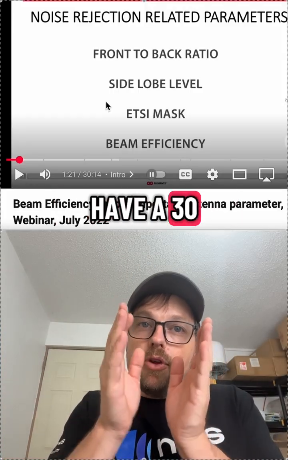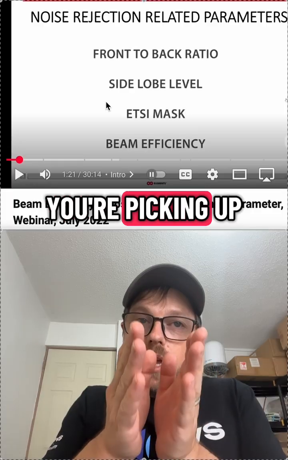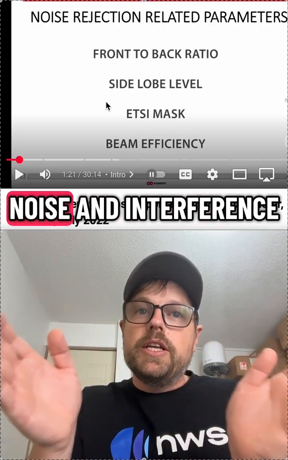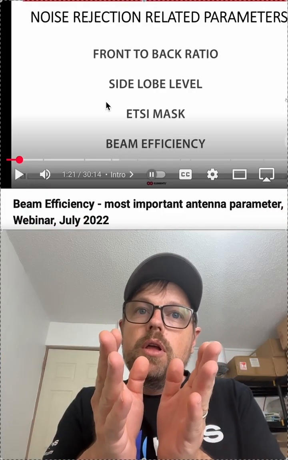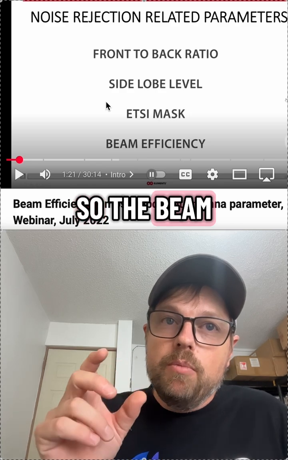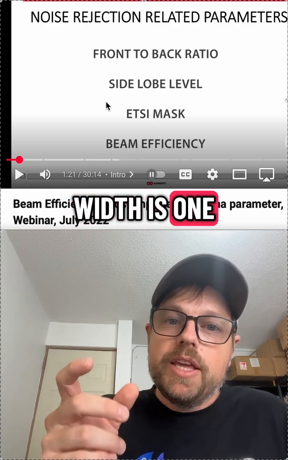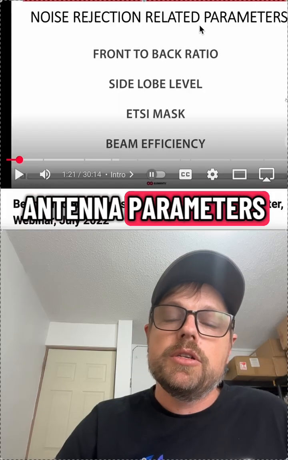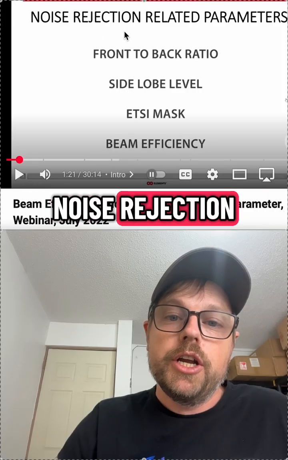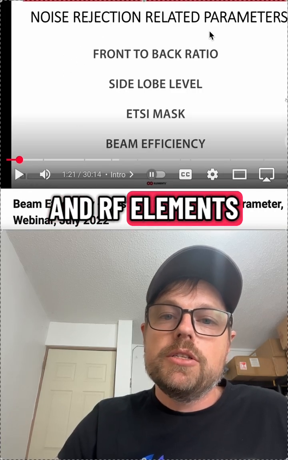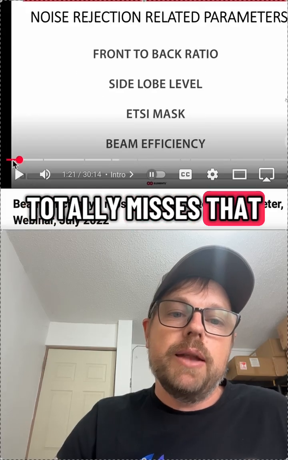Now, if you have a 30 degree beam width, you're picking up a lot less noise and interference from that main lobe. So the beam width is one of the key antenna parameters that you should be looking at when thinking about noise rejection. And RF Elements totally misses that.